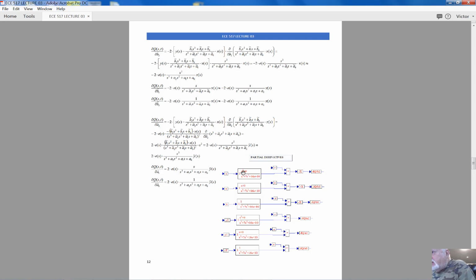In the numerator I have s squared, which implies that the second derivative of x will be taken. This is multiplied by the error, and I'm taking it with minus. You may ask me, where is 2? We will discard 2. It will be absorbed later by some constant gain, the adaptation gain. This is the expression for the partial derivative of the criterion with respect to parameter b1.